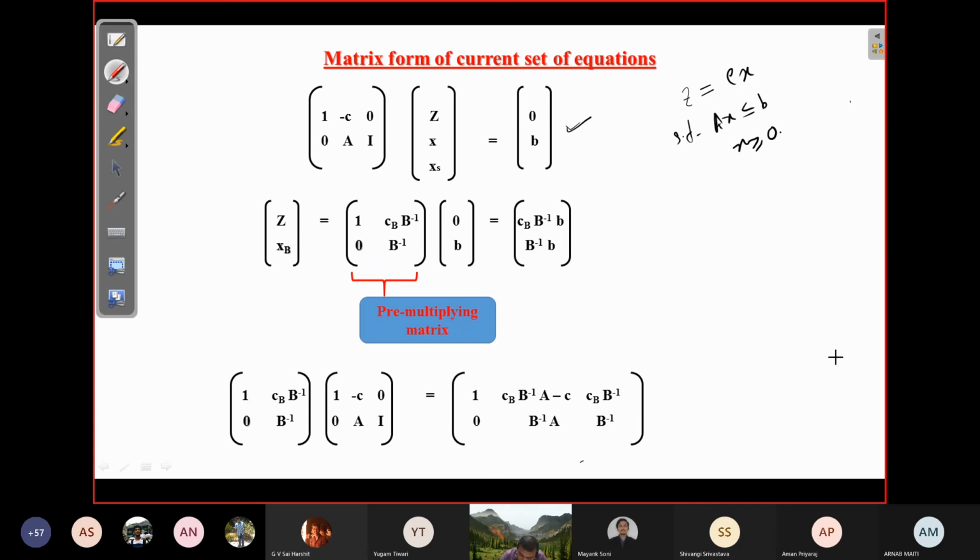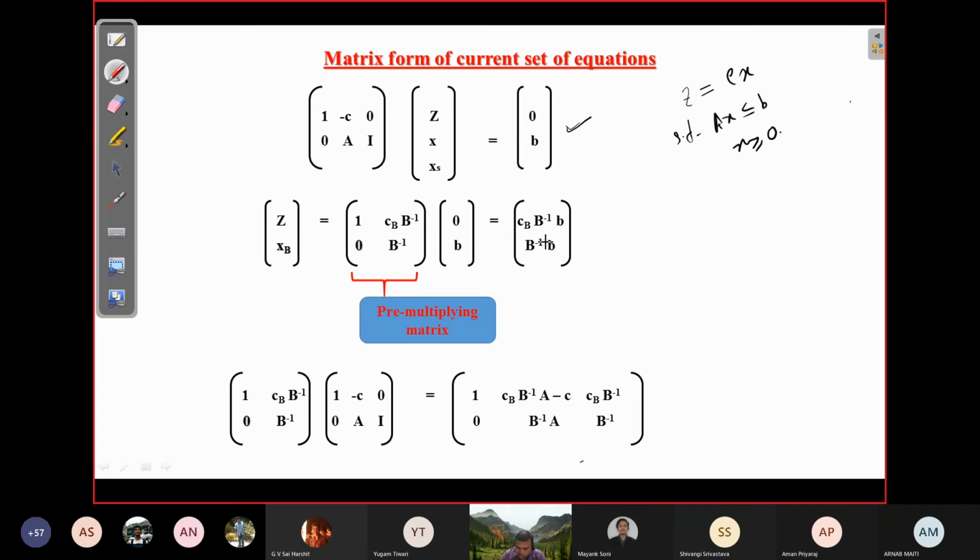So we don't want 0, b, because 0, b is just one case. For just the initial solution it will be 0, b. But in general it will be C_B B inverse b and B inverse b. So I want to convert this 0, b to this form.